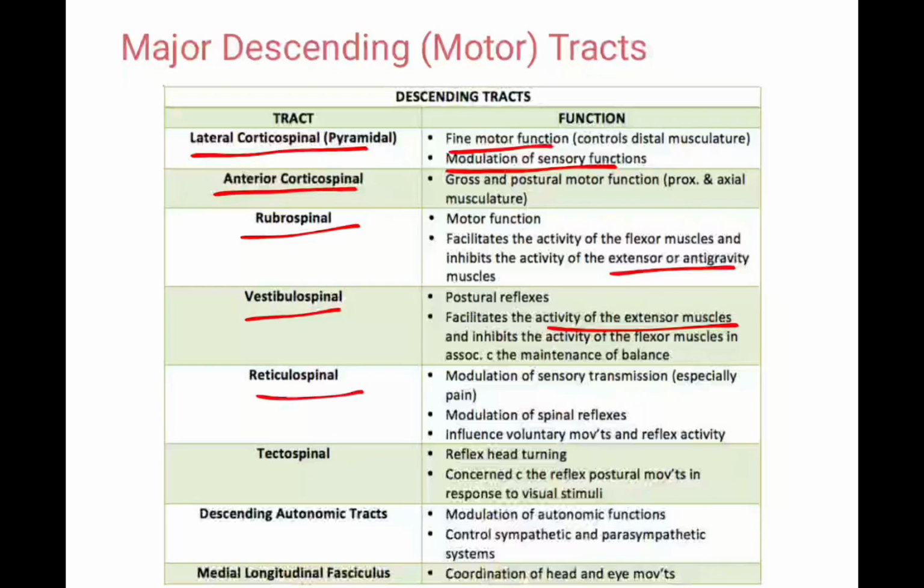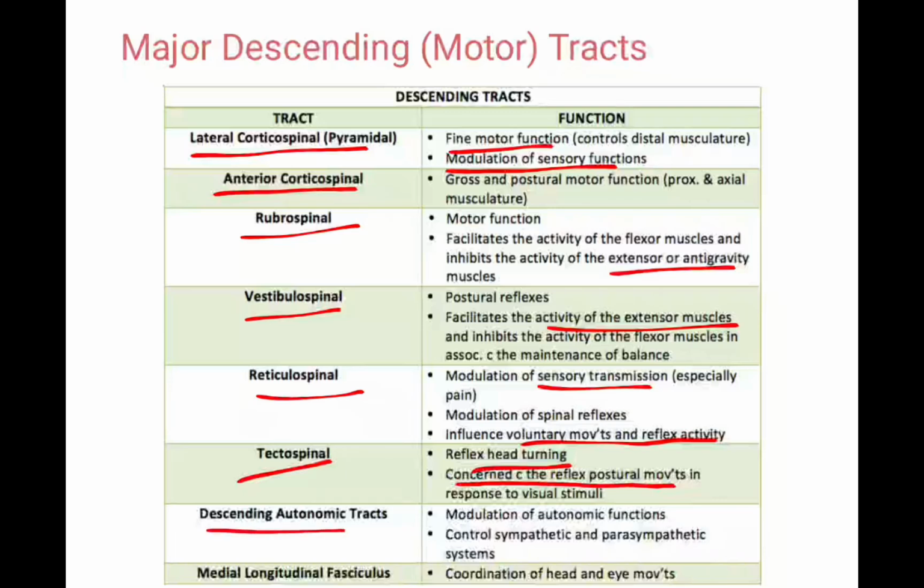We have the reticulospinal tract for modulation of sensory transmission, especially pain, modulation of spinal reflexes, and it influences voluntary movement and reflex activity. We have the tectospinal tract, which reflects head turning, as I explained earlier, concerned with reflex postural movement in response to visual stimuli.